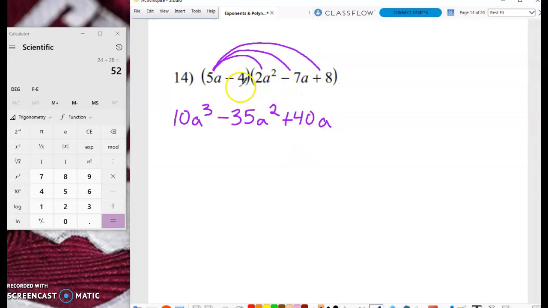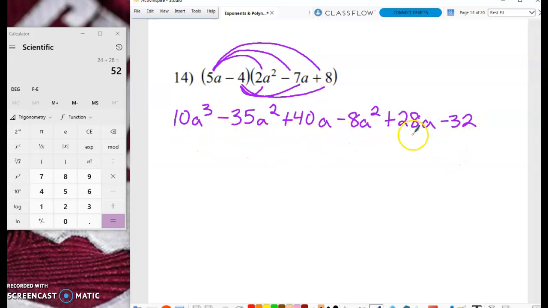Moving on to negative 4. Negative 4 times 2a squared is going to be minus 8a squared. Negative 4 times negative 7a is going to be plus 28a. And then negative 4 times 8 is going to be minus 32.